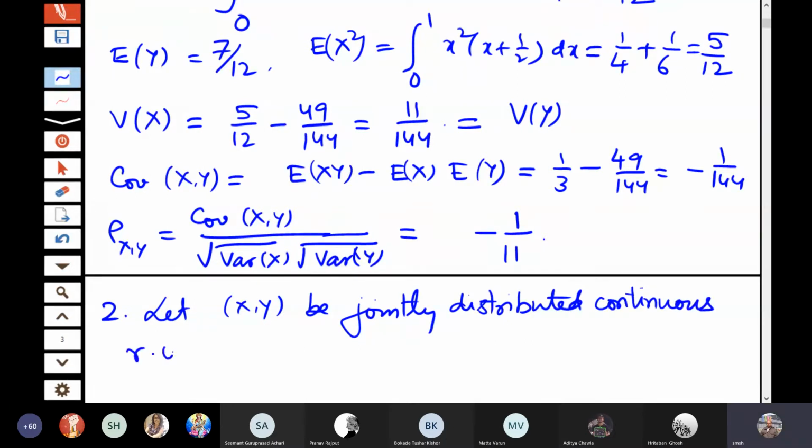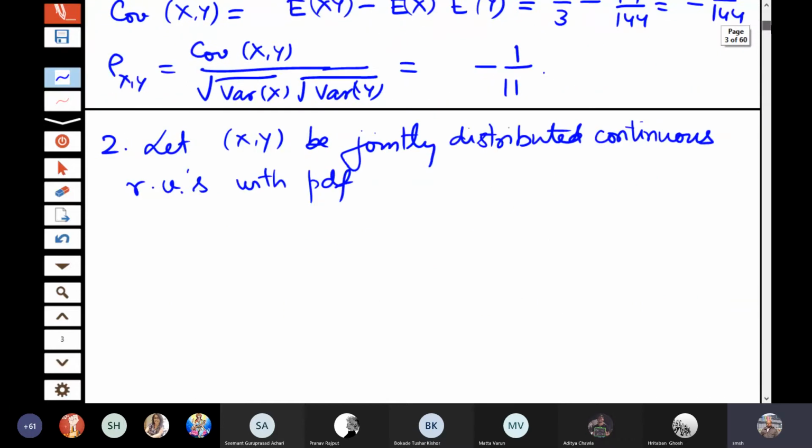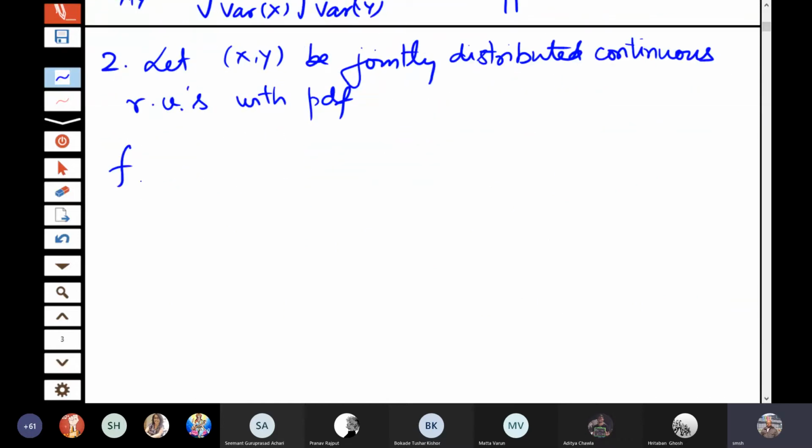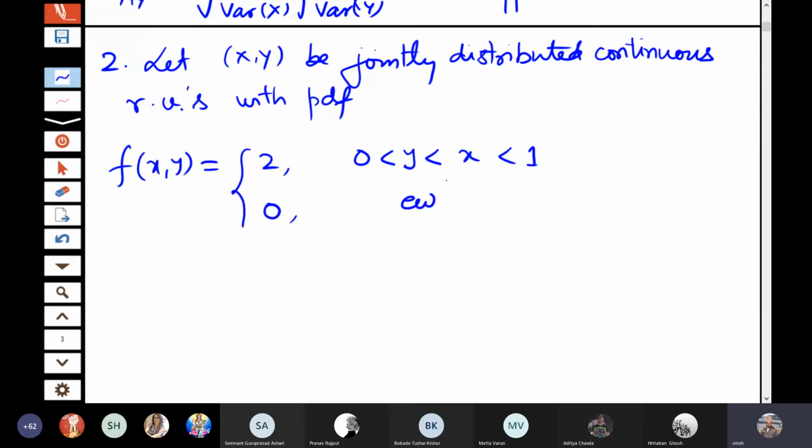Let x and y be jointly distributed continuous random variables with PDF given by 2 for 0 less than y less than x less than 1, and it is 0 elsewhere, okay?